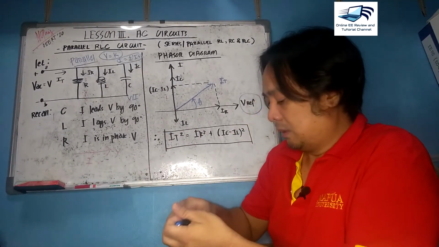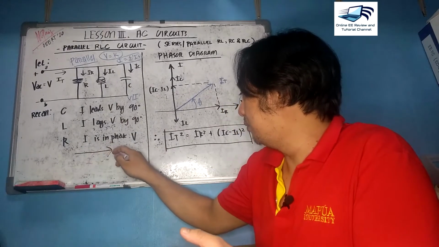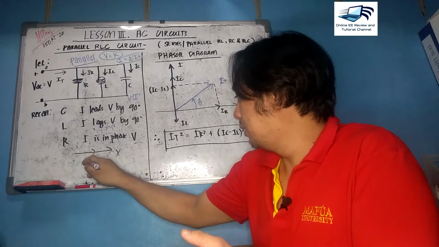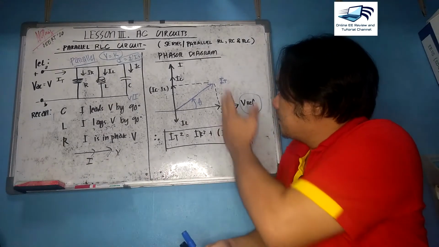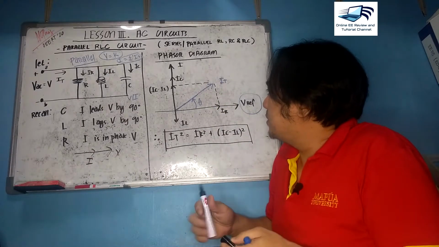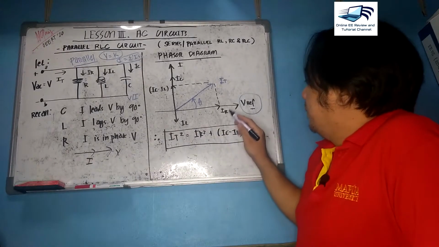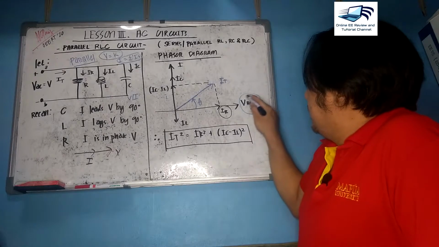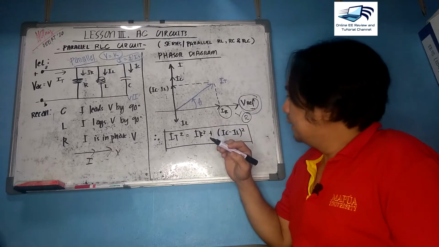Okay, so I will make use of the black pen so that you can see voltage and current. Let us go to the phasor diagram. In the phasor diagram, as you can see here, our main reference is the voltage, and the current and the voltage for a resistor are in phase with each other.